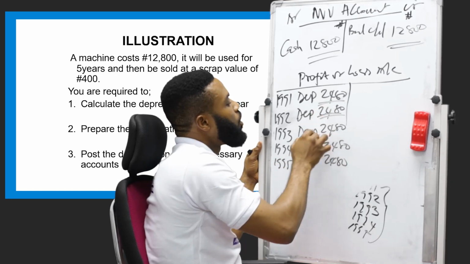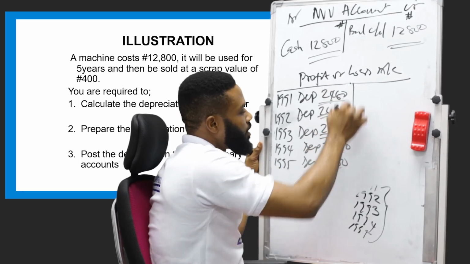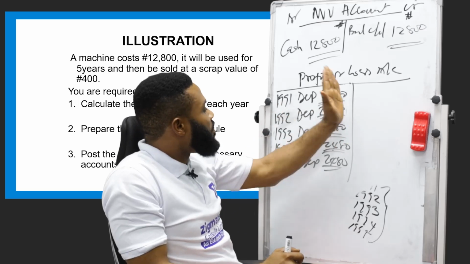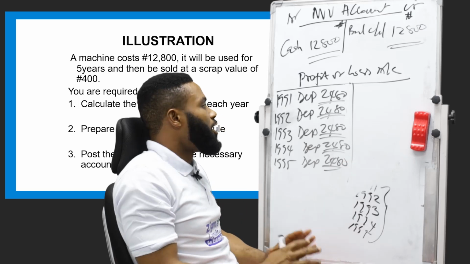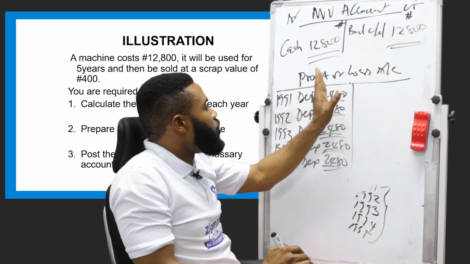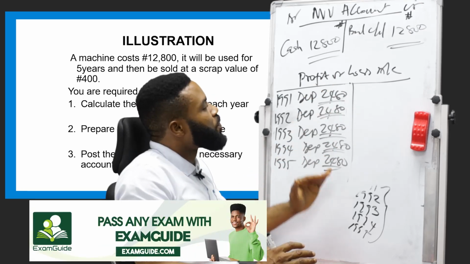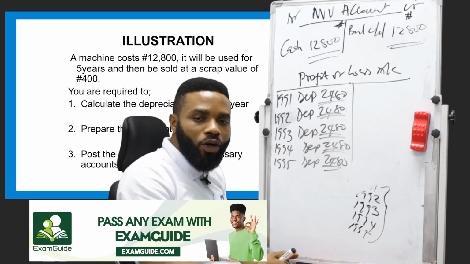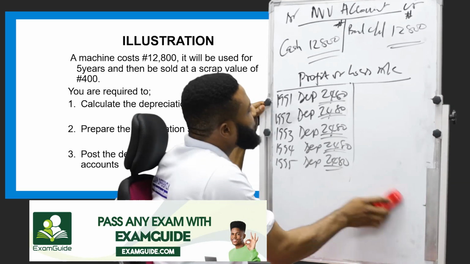This is how you prepare it. Anybody who looks at it knows the 1991 depreciation, and because it's the straight line method, the depreciation doesn't change. Each year comes with its own depreciation, and as represented now, this will not be added to other expenses incurred within the period. All right, let's quickly move forward.